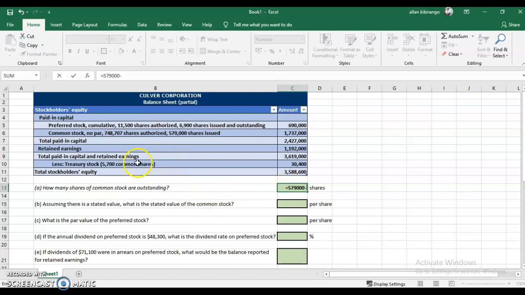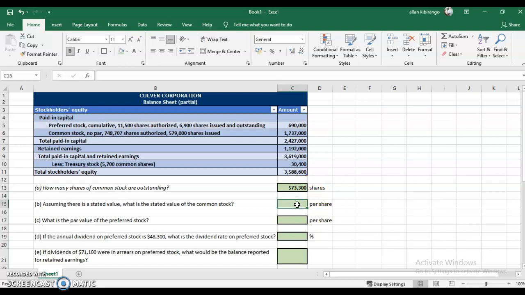When we go to our table here are the numbers, the common shares: 5,700, which comes to 573,000 shares. So these are the outstanding common stock shares that we've got.